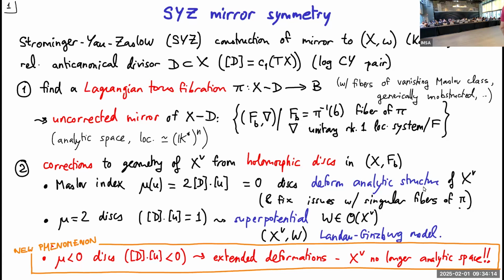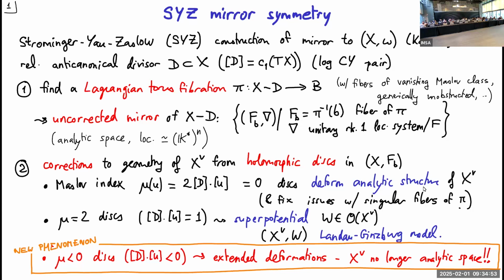So in first approximation, this analytic space, the uncorrected mirror, is what wants to be a moduli space of objects of the Fukaya category of X, supported on the fibers of this Lagrangian fibration. The classical geometry is what you would have in the absence of holomorphic disks. When you have holomorphic disks, you need to modify the geometry of the moduli space of objects of the Fukaya category to reflect the fact that Floer cohomology is not exactly the same thing as classical cohomology.